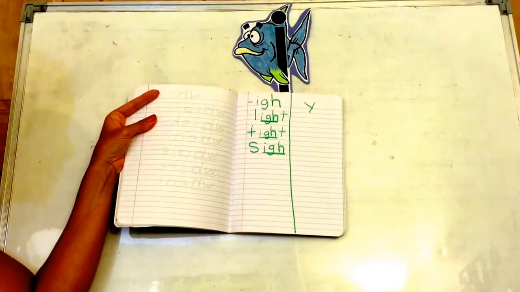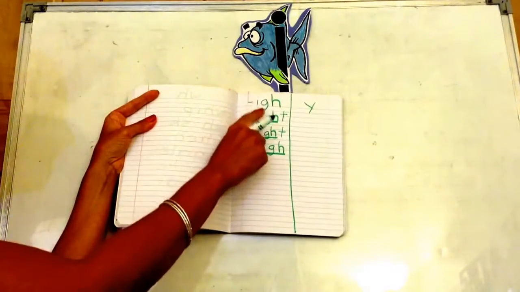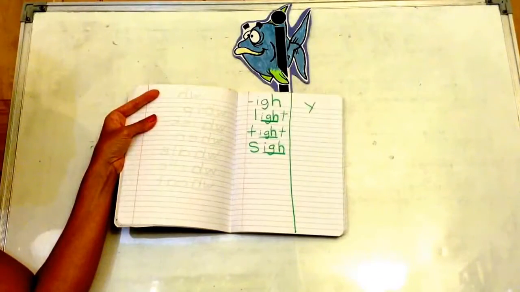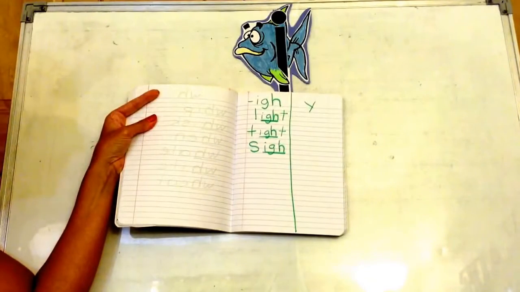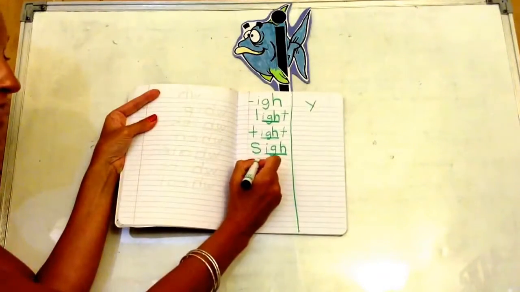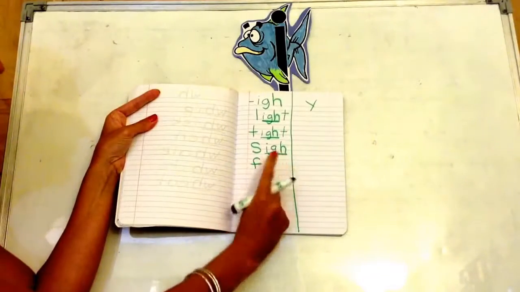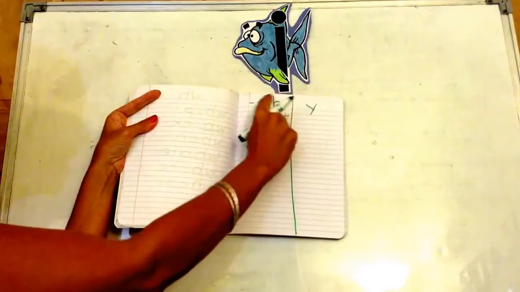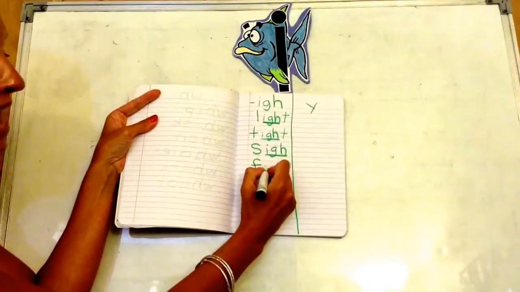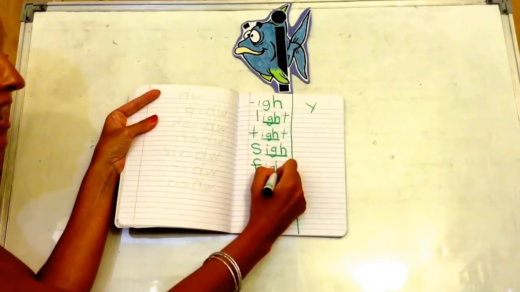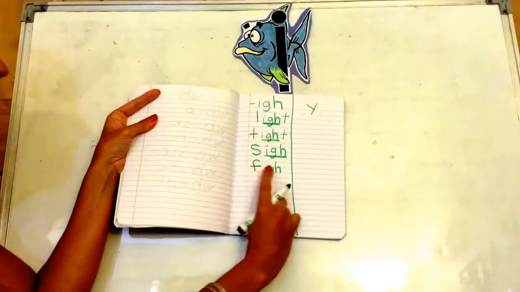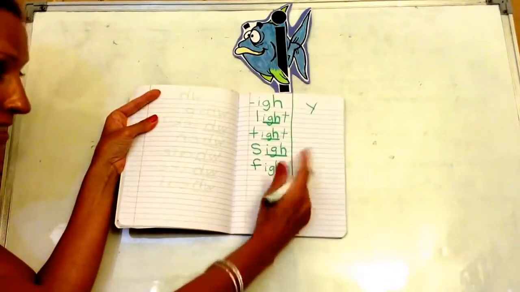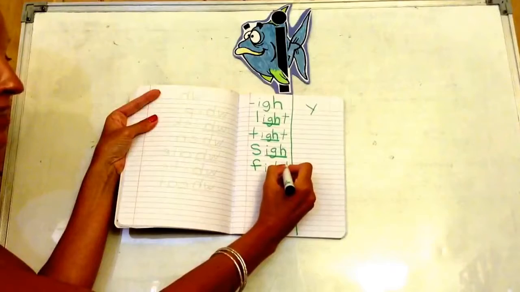Okay, let's write one more word where I is spelled I-G-H, and it is the word fight. So I hear fancy fish, and then I hear I-T. So when I hear the I sound, I'm going to spell it as I-G-H, T. And then I hear the T sound at the end.